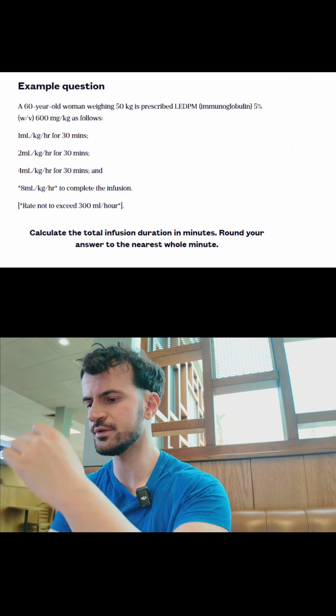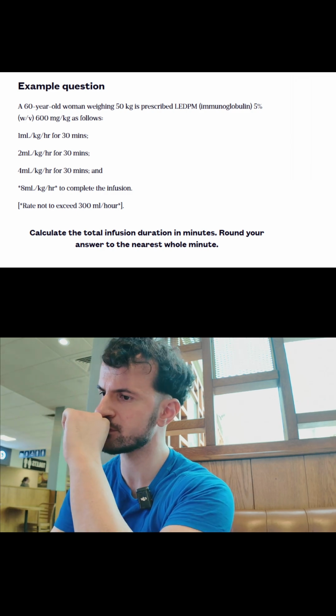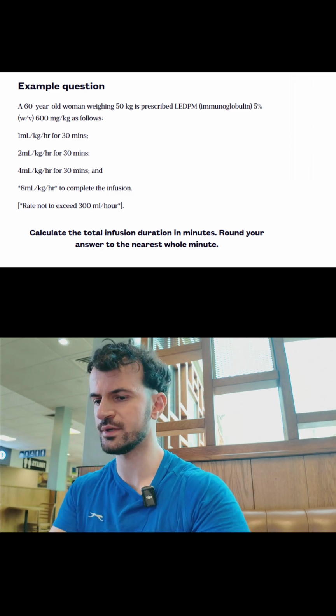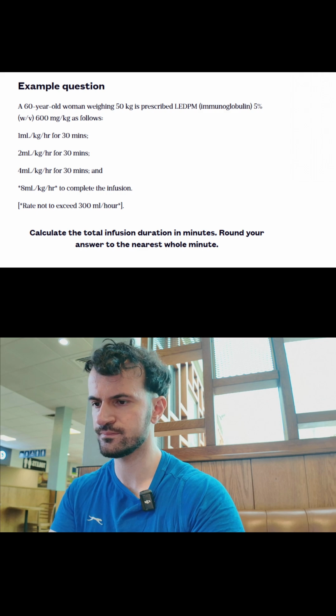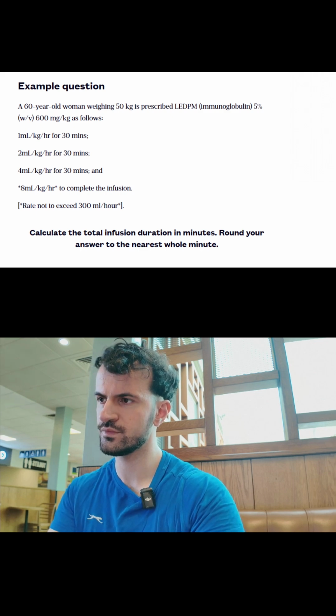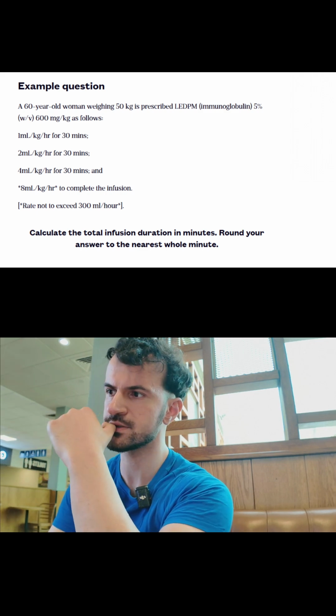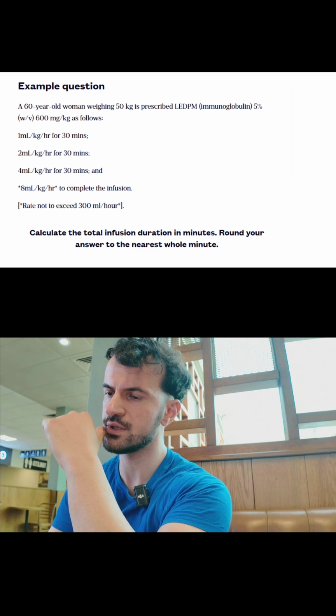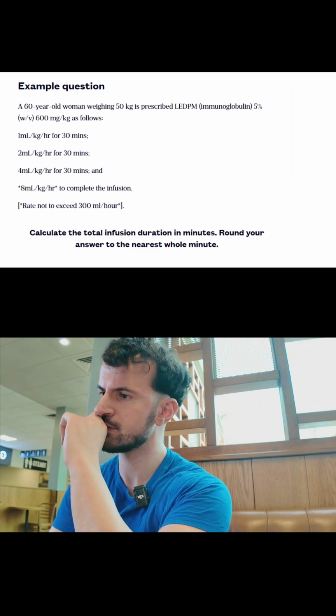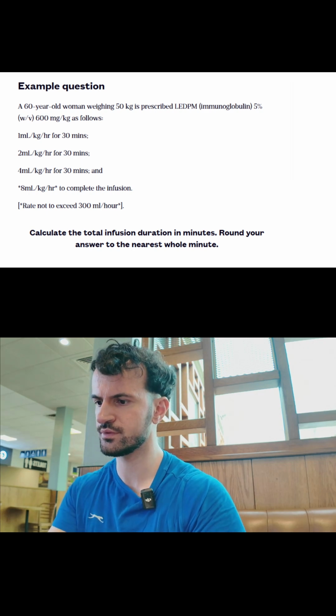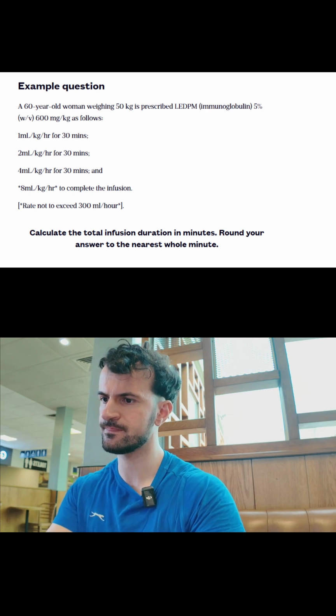And then your remainder would be 45 mL. So divided by 60, you get 6.666, so that will be 6.66 mL per minute. Then you will do 45 divided by that.